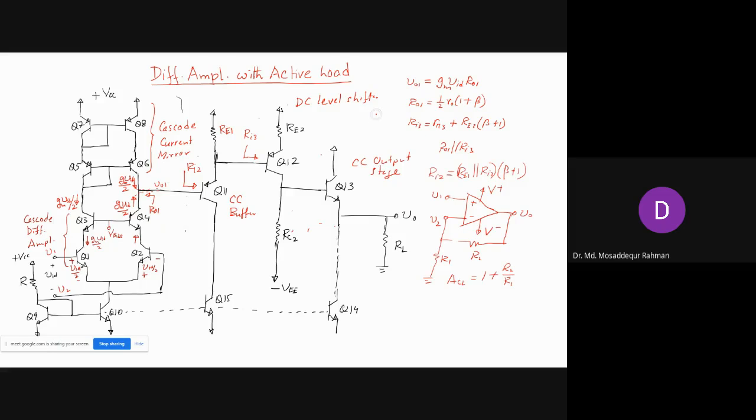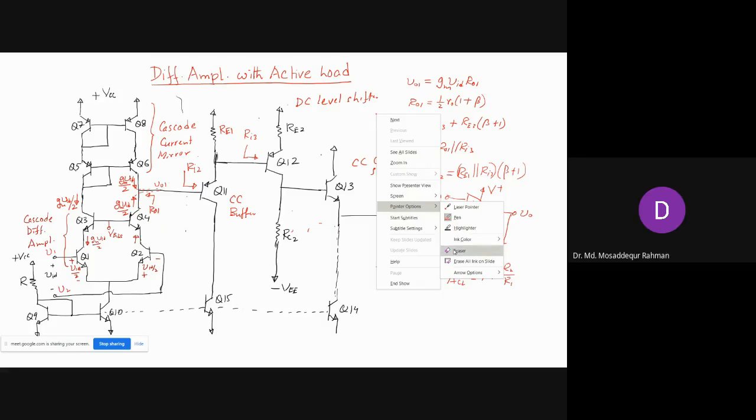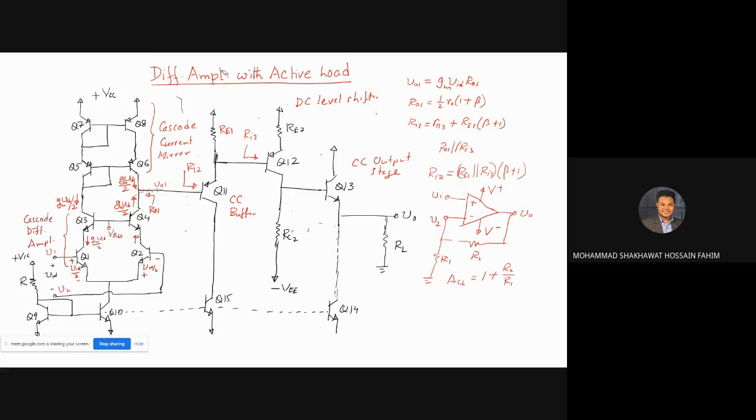Did you get the answer? Yes, sir. So we learned another thing that is called virtual short circuit. Can you show where that virtual short circuit is?